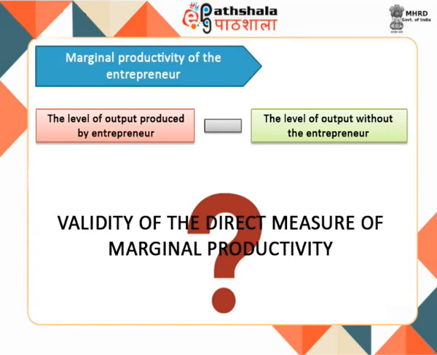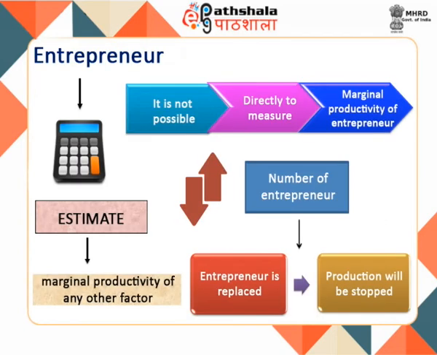Now, the question is, how far is this direct measure of the marginal productivity of the entrepreneur given by Marshall valid in reality? An entrepreneur can directly estimate the marginal productivity of any other factor, while it is not possible to directly measure the marginal productivity of the entrepreneur by increasing or decreasing the number of entrepreneurs.